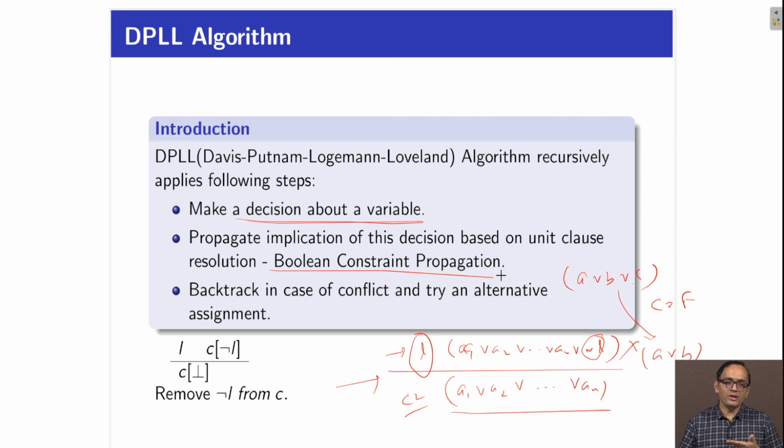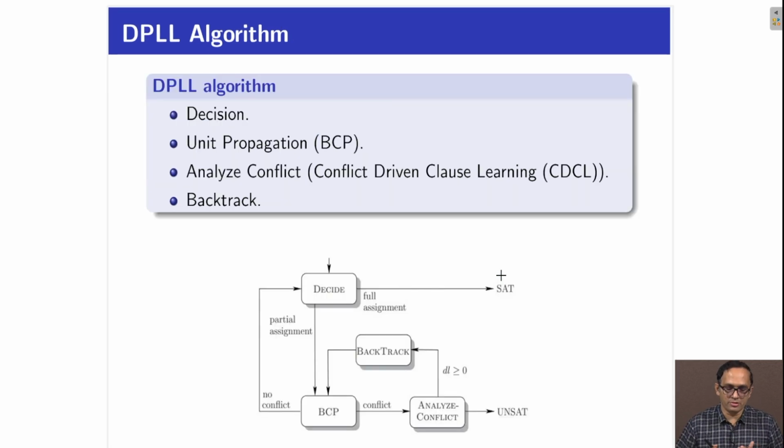If I keep doing it, I will reach a situation with two scenarios. I take a decision about a variable and then do Boolean constraint propagation. Once I have no other possibility of propagation, I go back and take a decision about the next variable, which opens up BCP again, and it continues. If finally I get an assignment of all variables, that is the satisfying solution.